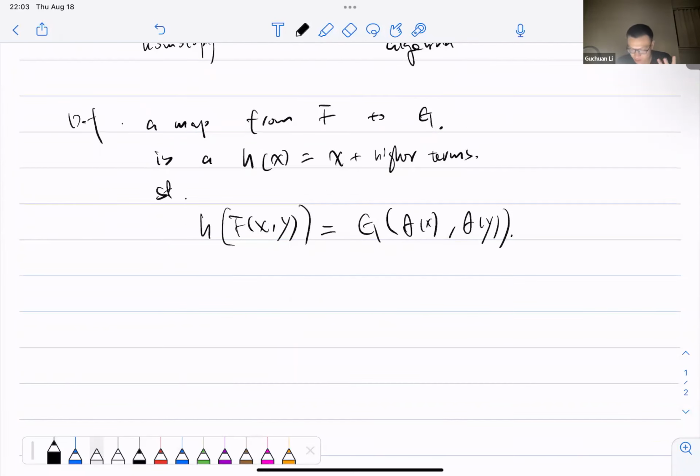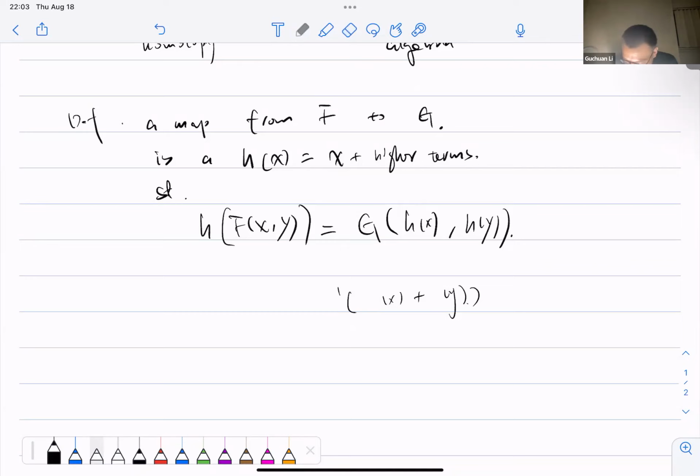And in particular, we have seen this before. Namely, we construct many new formal groups by starting with G of H of X plus H of Y, and then I take the H inverse.